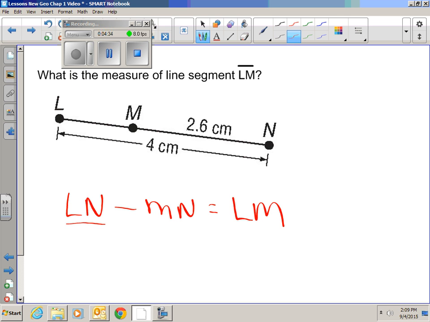We know that the measure of LN is 4. We know that the measure of MN is 2.6. So therefore, the measure of LM is 1.4. All right, let's go on.